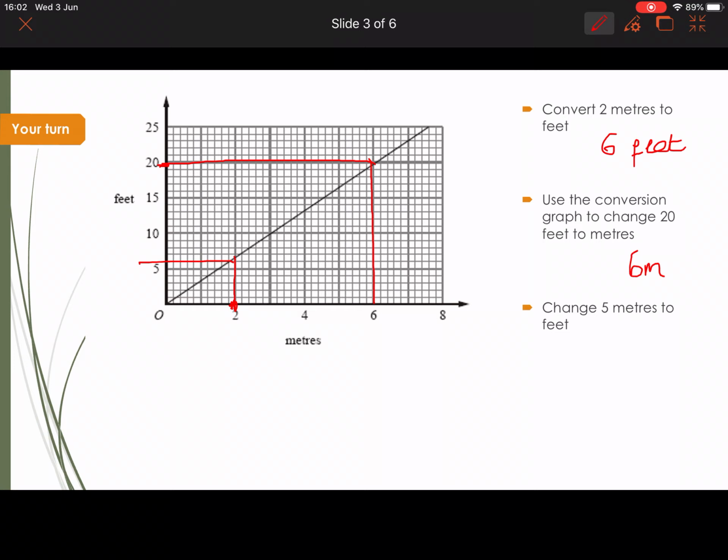And the final question asks you to change 5 meters into feet. So my 5 meters is going to be here, isn't it, which is halfway between the 4 and the 6.